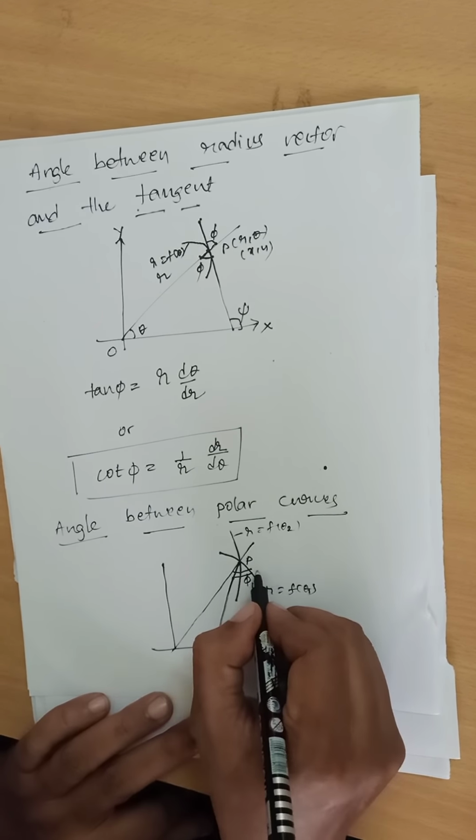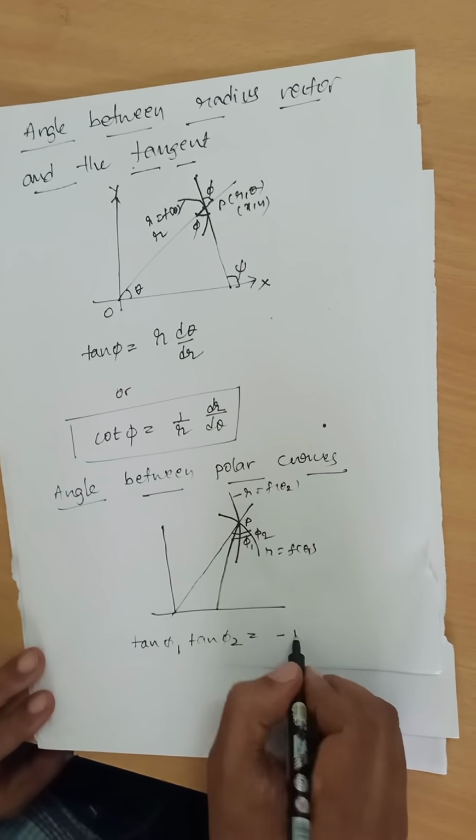We find the angle between two polar curves with the help of the derivation: tan phi 1 into tan phi 2 is equal to minus 1.